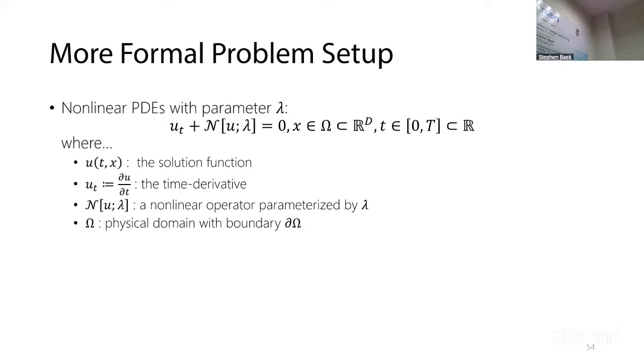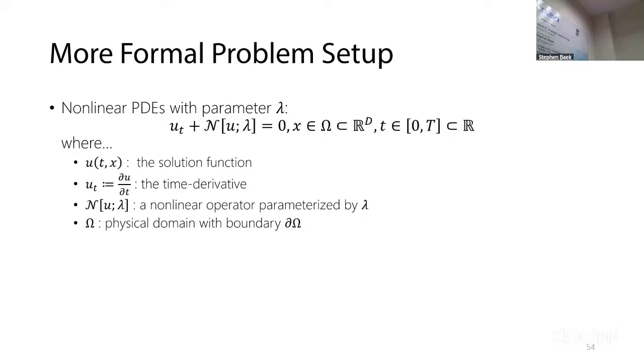From now on, we're going to be using subscript notation for the sake of brevity. So u_t in the PDE literature typically denotes partial u, partial t, the time derivative of the solution function u, as a shorthand. Like I mentioned, N is a nonlinear operator parameterized by some physical parameter lambda.